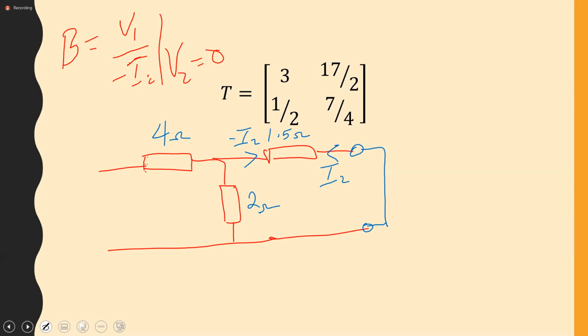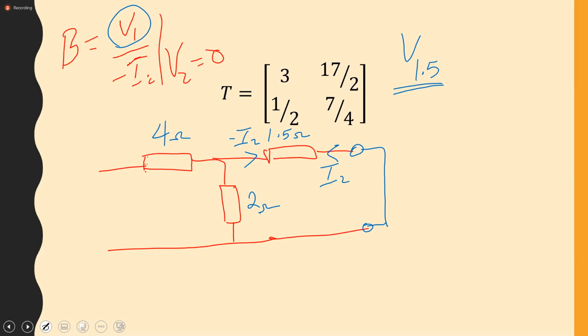What information do you need about the 1.5 for you to be able to calculate the current I2? The voltage. So you need the voltage across the 1.5. Yes, sir. Now that voltage, remember, the definition talks about V1.